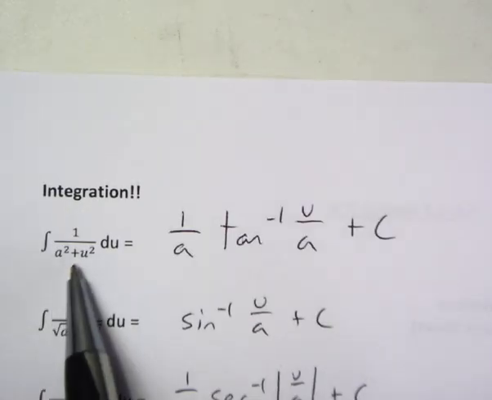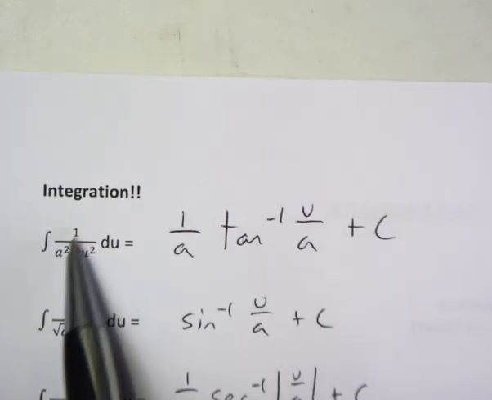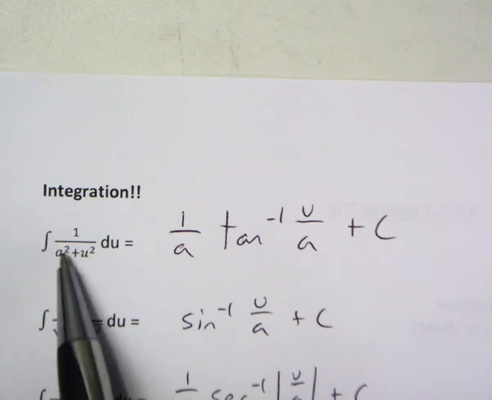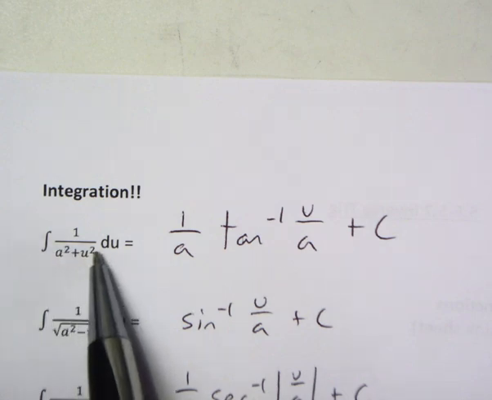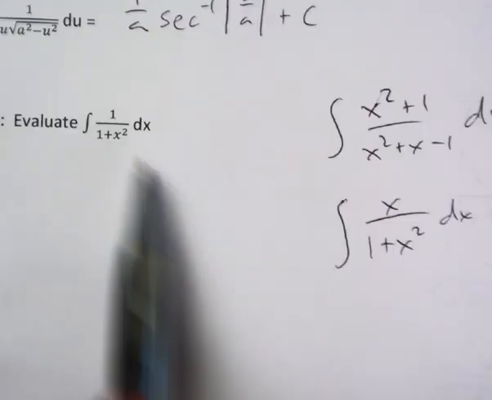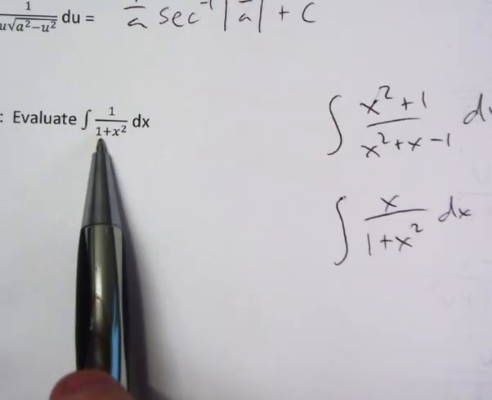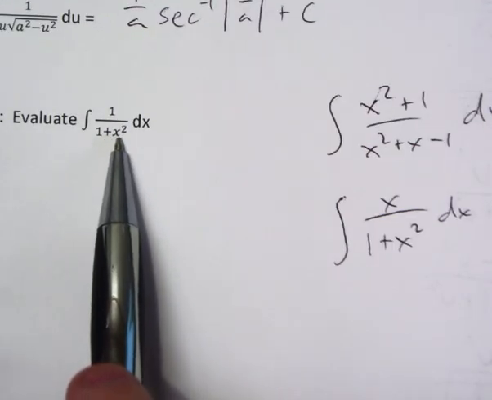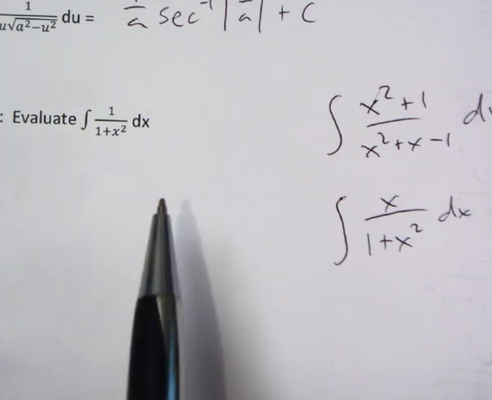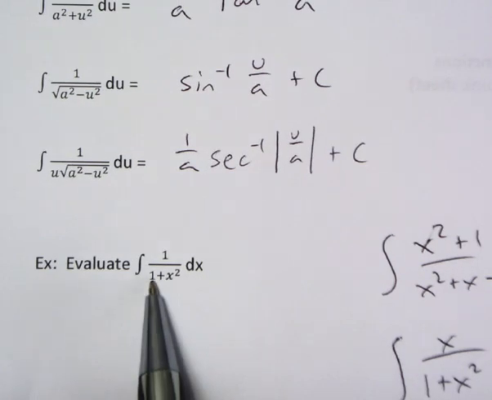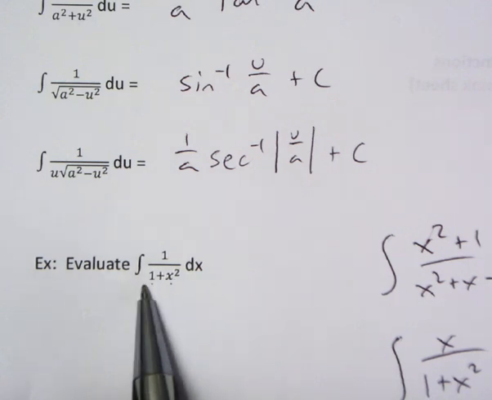So if I take you back here, 1 over some constant squared plus some function of x squared, that's what I have right here. I have 1 over some constant squared plus some function of x squared. It's in the form I need it to be. And basically, a is 1 and u is x. It's this a and u are the square roots of these things.